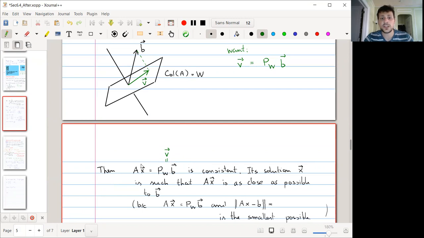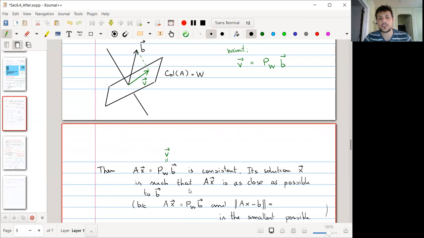And its solution is the one that satisfies that A times X is as close as possible to the initial B. In other words, V is indeed the closest possible to the initial B.